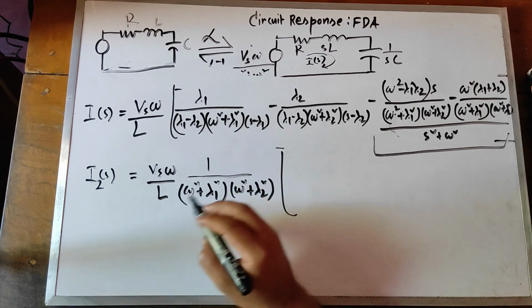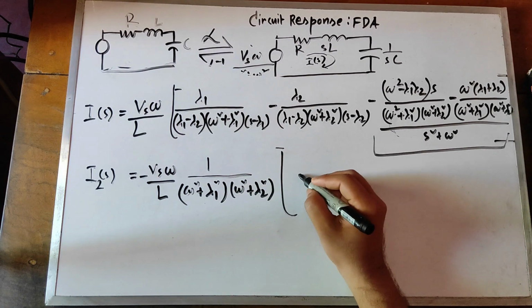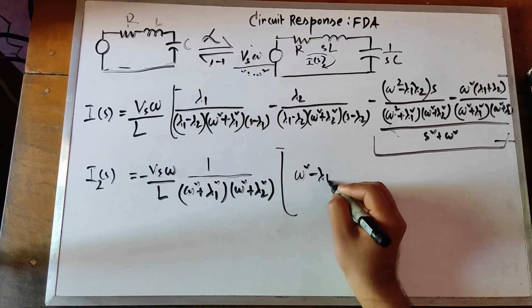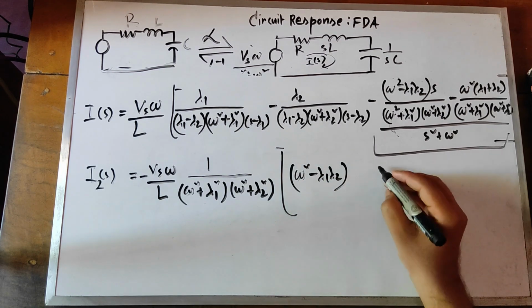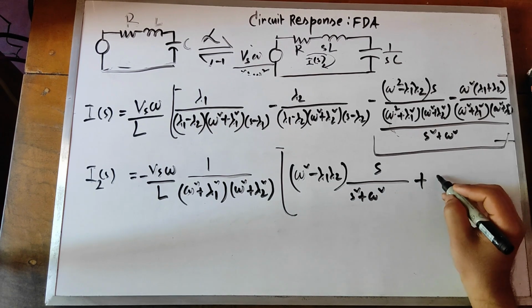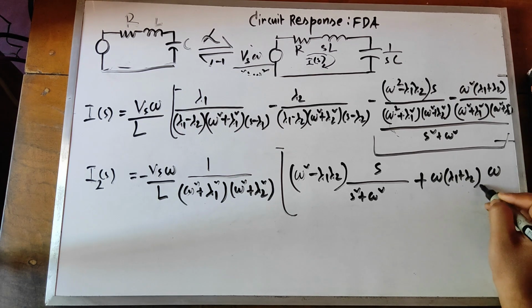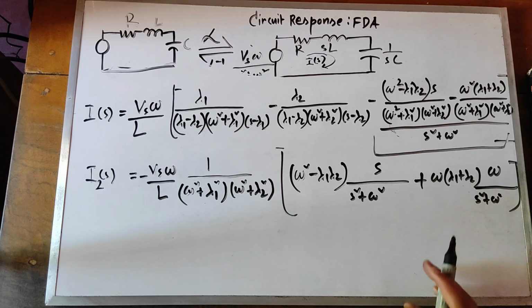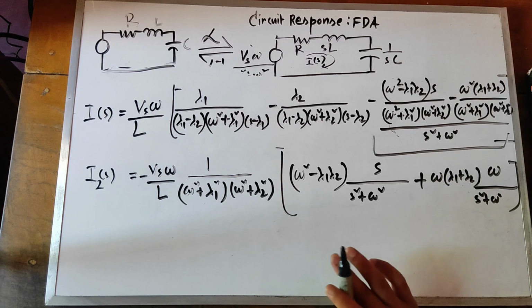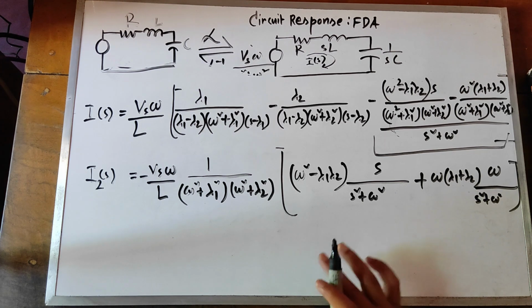So if I take the minus common, there will be a minus, and now omega square minus lambda 1 lambda 2 s by s square plus omega square plus omega lambda 1 plus lambda 2 omega by s square plus omega square. So this has already become a standard form. I just have to rearrange this cleverly.